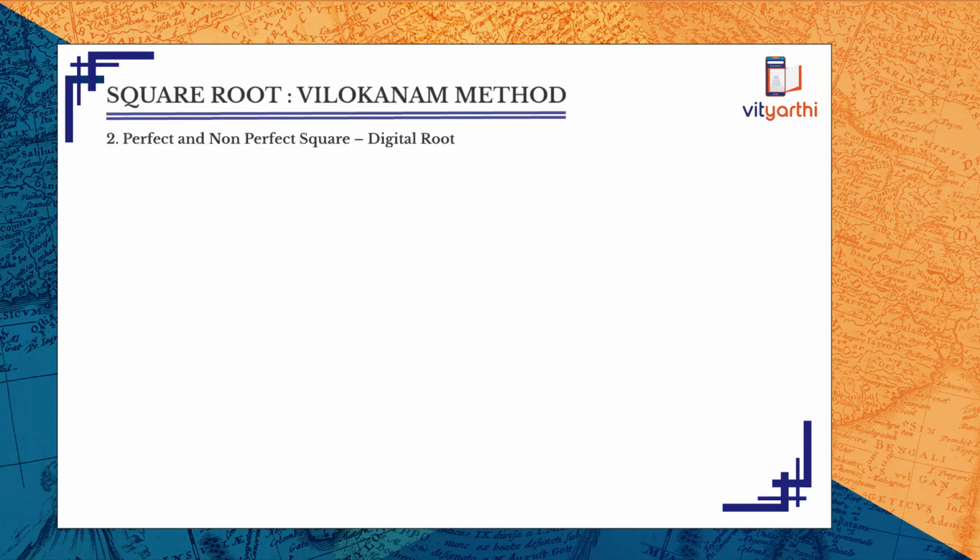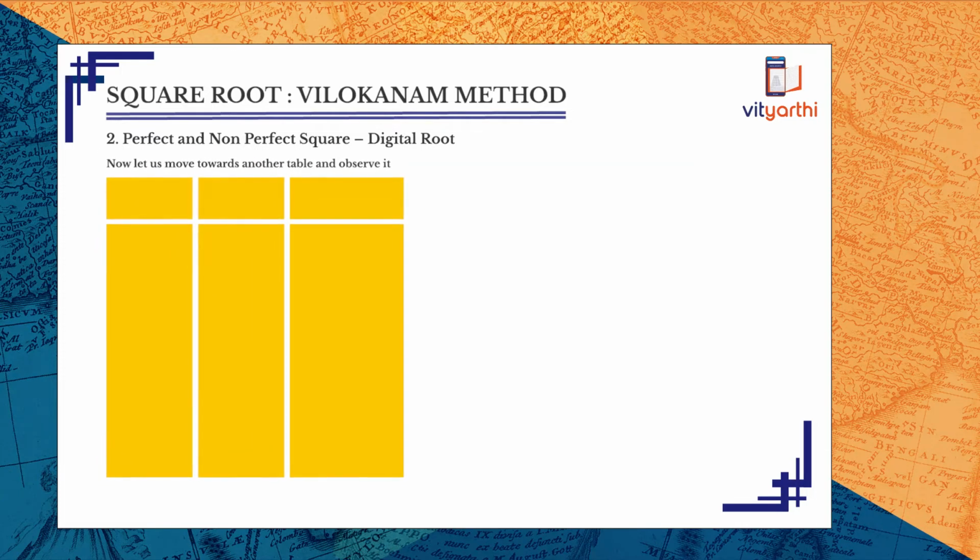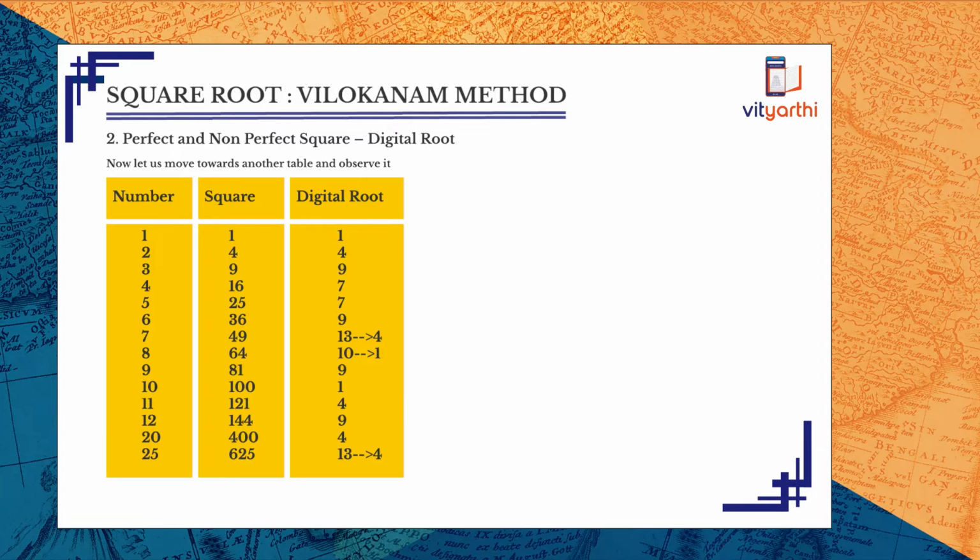How can we utilize digital root to know perfect and non-perfect square? Now find digital root of all the squares. For example, digital root of 16 is 7, digital root of 49 is 4, digital root of 64 is 1, etc. How can we check perfect and non-perfect square?